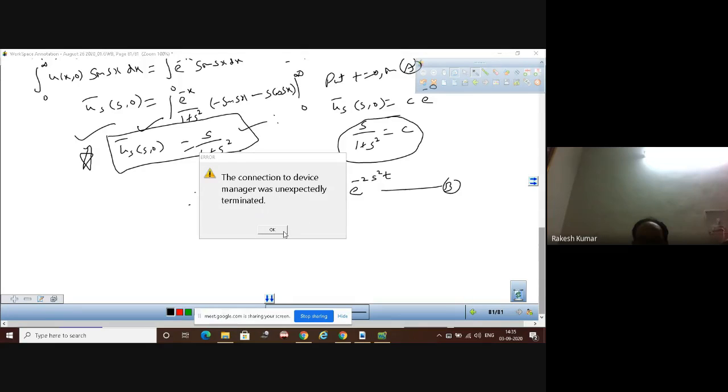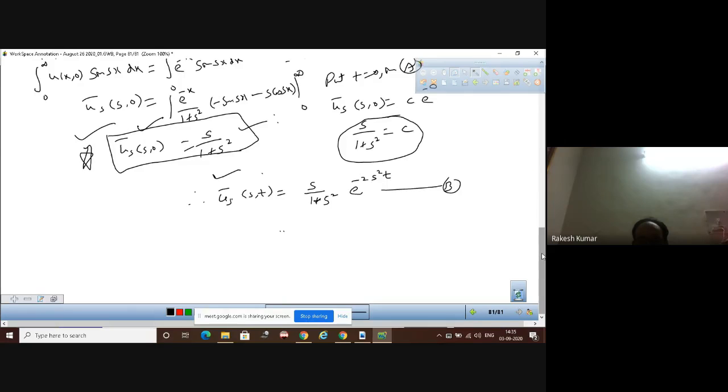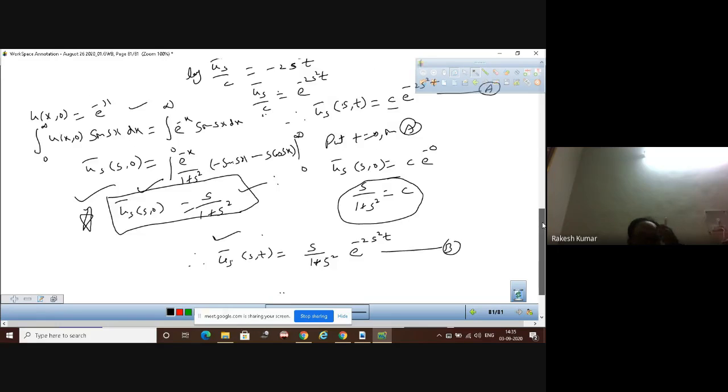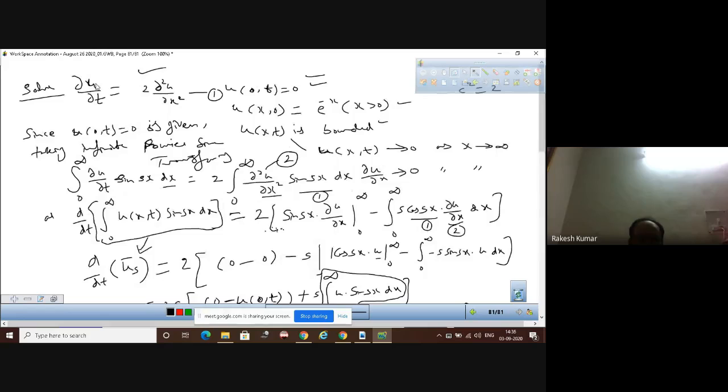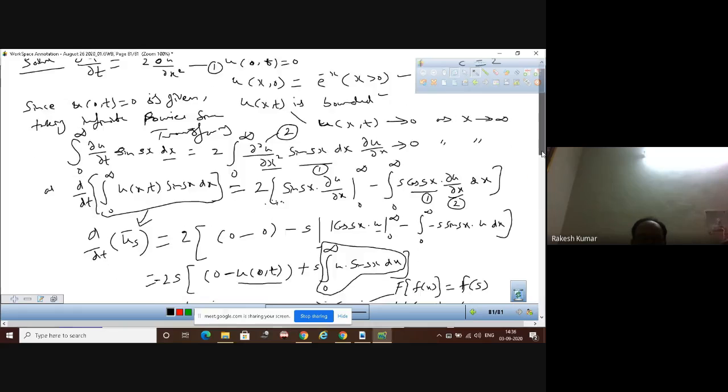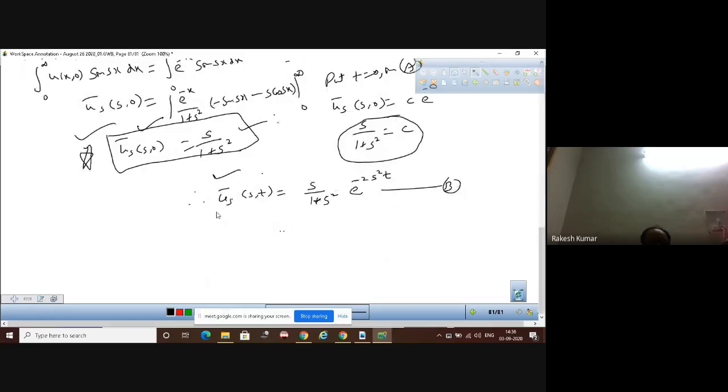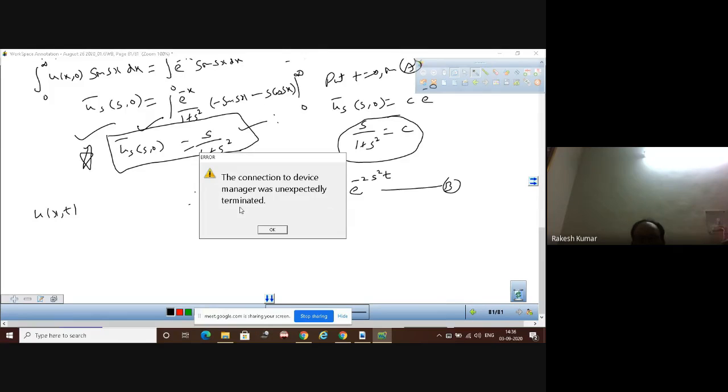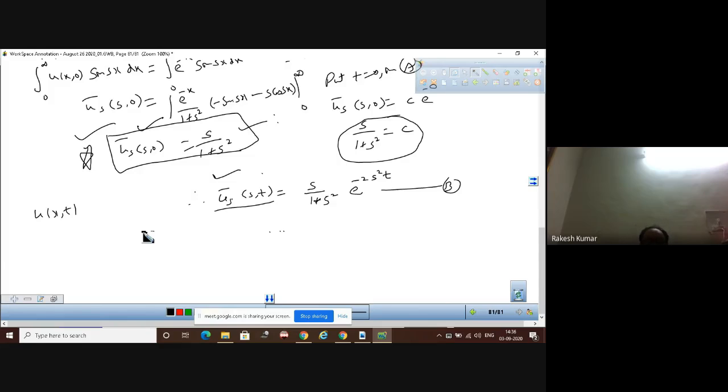Because we want to solve the equation in which u is the dependent variable, we need to find the value of u, and clearly u will be a function of x and t, but here u_s bar is a function of s and t. So we just take its inverse Fourier sine transform and get the value of u(x,t).